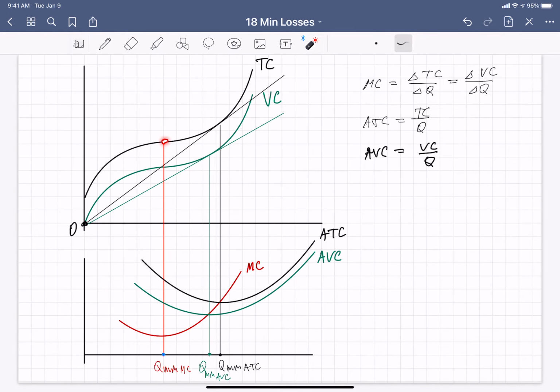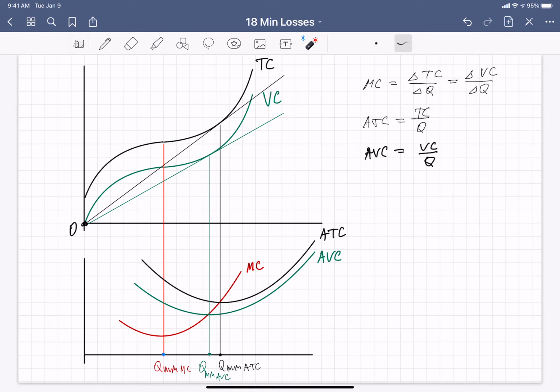So the flattest part of our TC curve is at this point, and that's where the minimum of our MC curve is. Then the slope of the TC curve starts picking up again, and that reflects in the MC curve going upward now, because the slope of this curve is getting steeper. And we can tell where the minimum of our MC is, because this is where the TC curve is the flattest it can be.